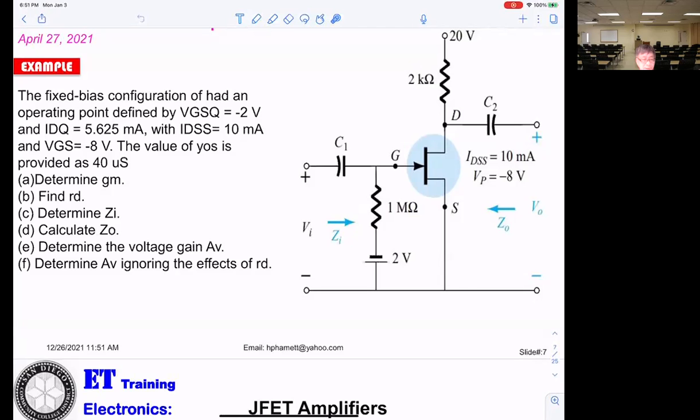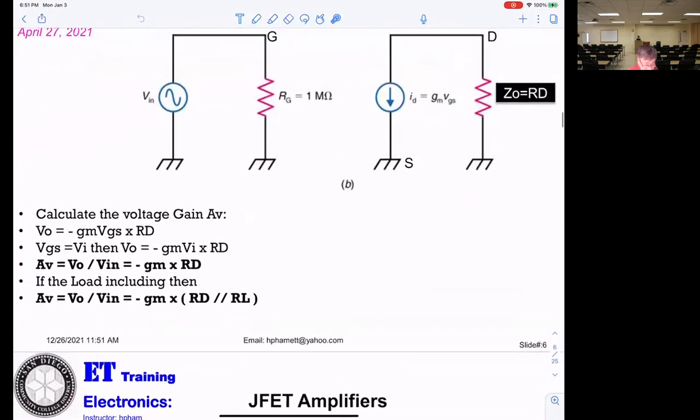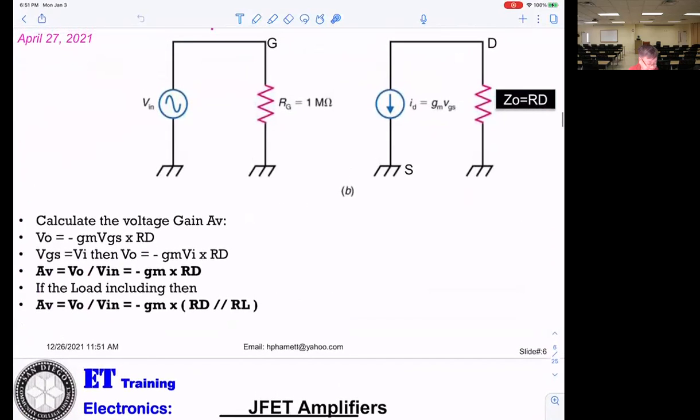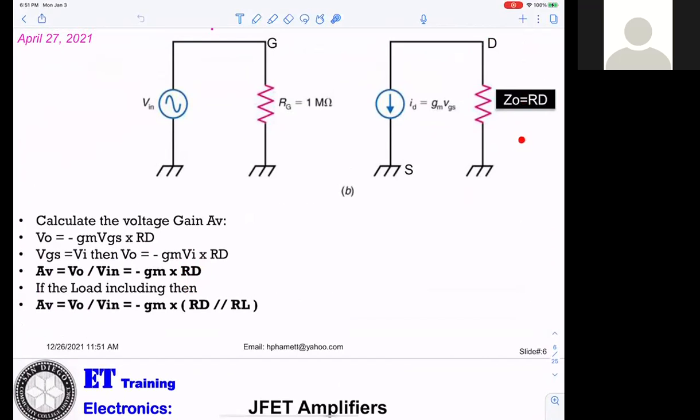Yeah, if you get the RL, then the output impedance is different. In here, you can see gain times RD. The thing is on this one, you don't have the load. That means the output impedance.